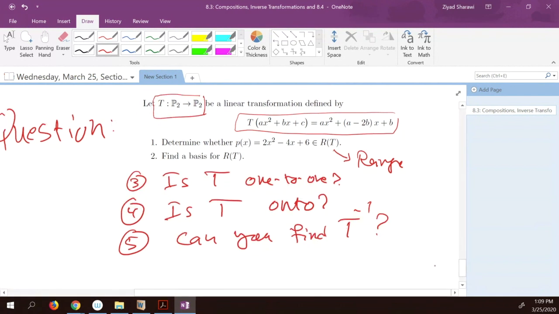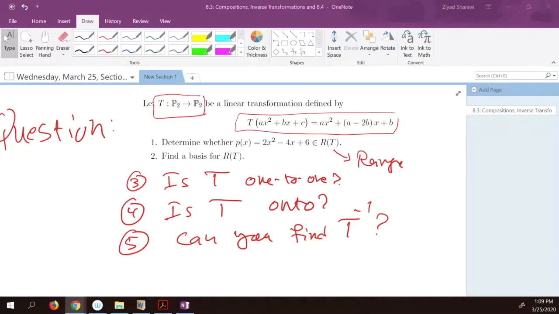Basically you have a linear transformation. I can ask you all type of questions about this: 1 to 1, onto, what is the range, what is the domain, find the basis for the range, find the kernel, find the basis for the kernel, all the things that we discussed. Okay, so let's answer those questions one by one.